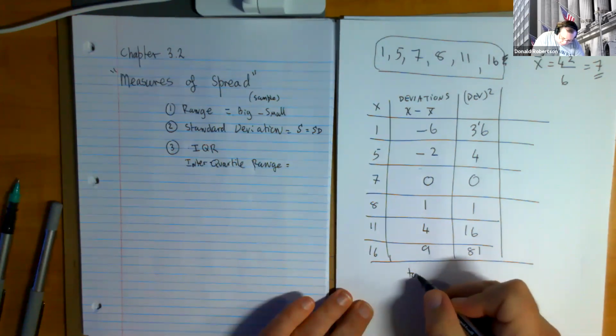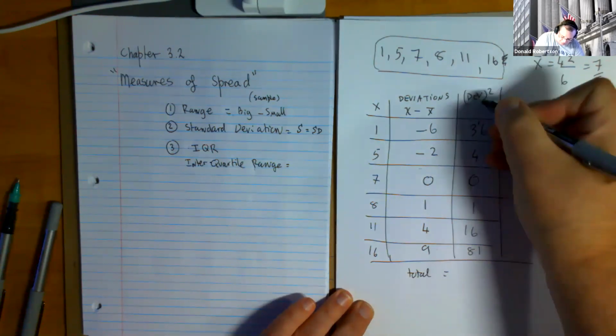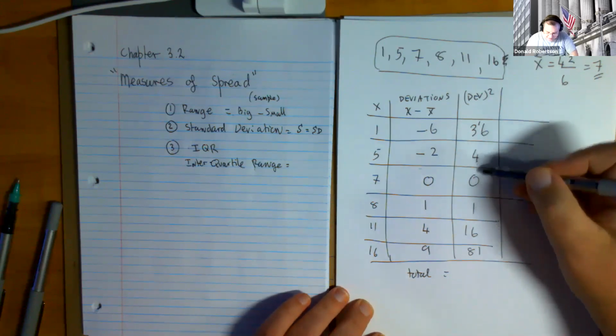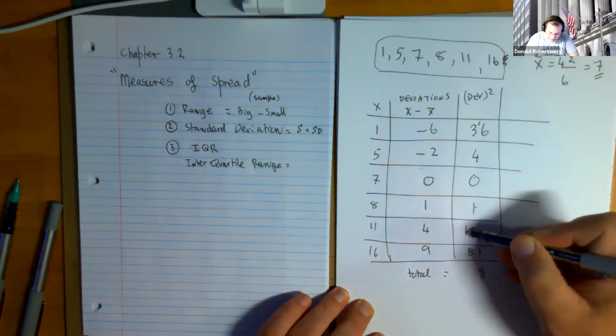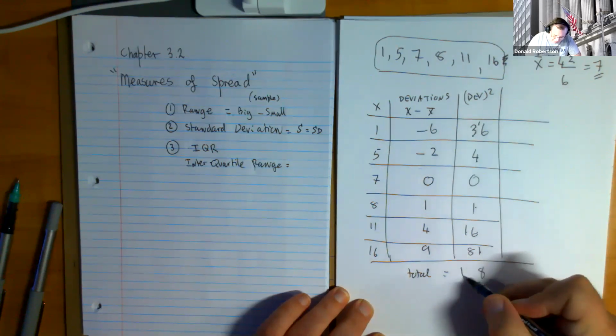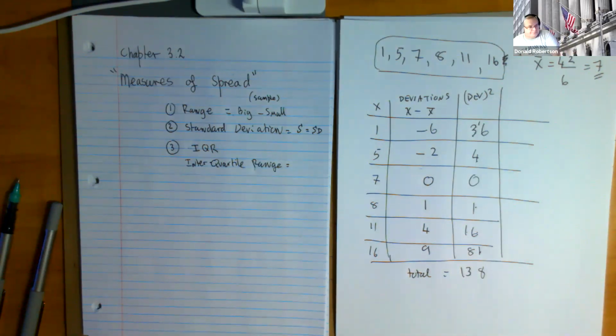You then find the total of these: 6, 10, 11, 17, 18, 9, 10, 11, 12, 13. So far, so good.